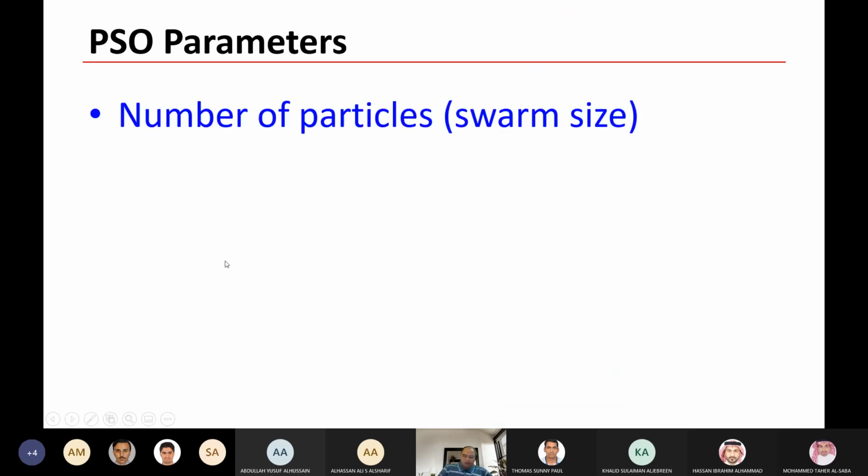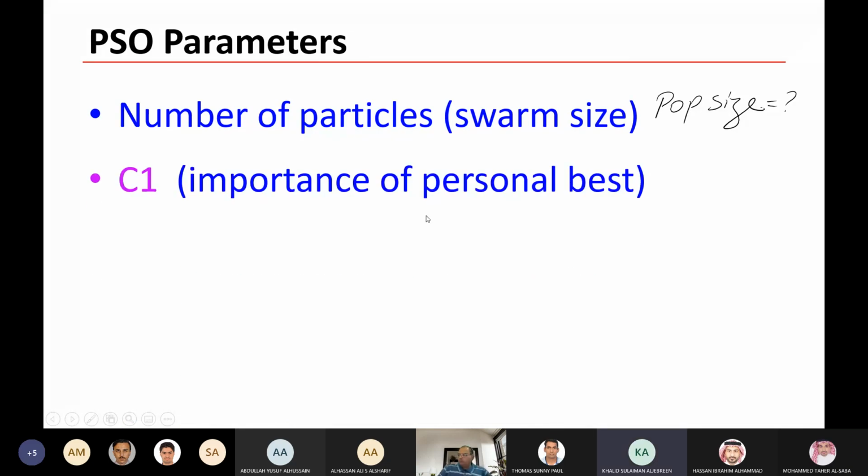Number of particles, yes, this is the population size. You need to define at the beginning. What else?